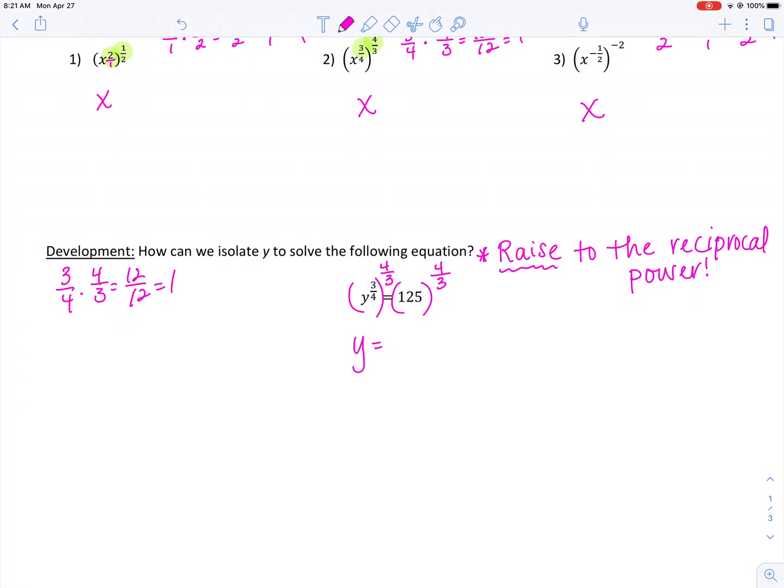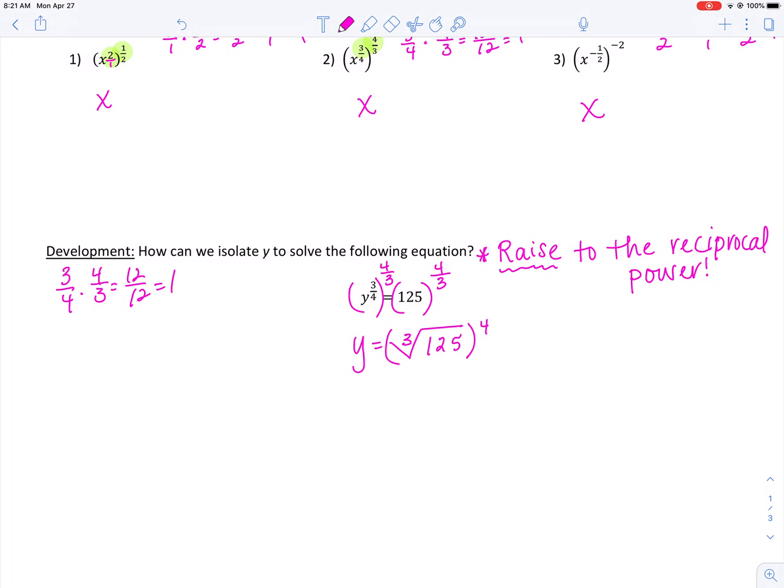Now, I don't know if you remember that 4 over 3 means power over root. Here's the good thing. Power over root, if I wanted to rewrite that, I would say that's the cubed root of 125, and I could take that whole thing and raise it to the fourth power.